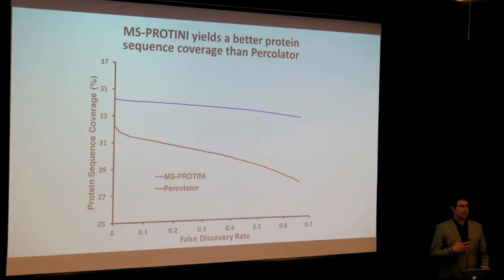So again, that gives us more information about the identification. It is pretty useful when you're looking at things like post-translational modifications, so sites on proteins where other molecules are added. That gives you a higher power to detect those sites and basically gives you more biological insights about the sample you're looking at.